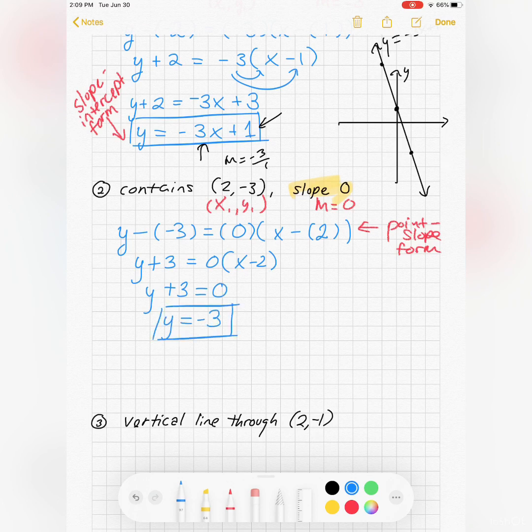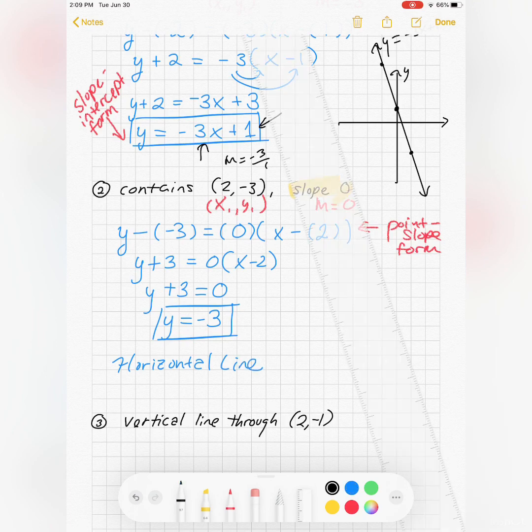So look, remember I was saying this is a special line. As soon as I know the slope is 0, I know I'm dealing with a horizontal line.